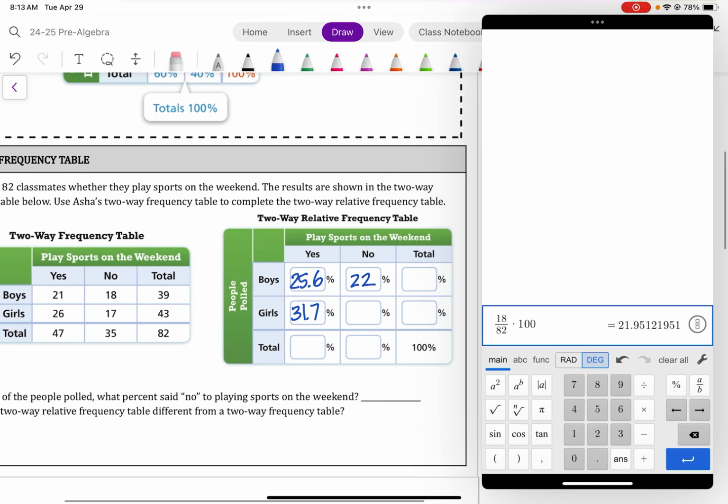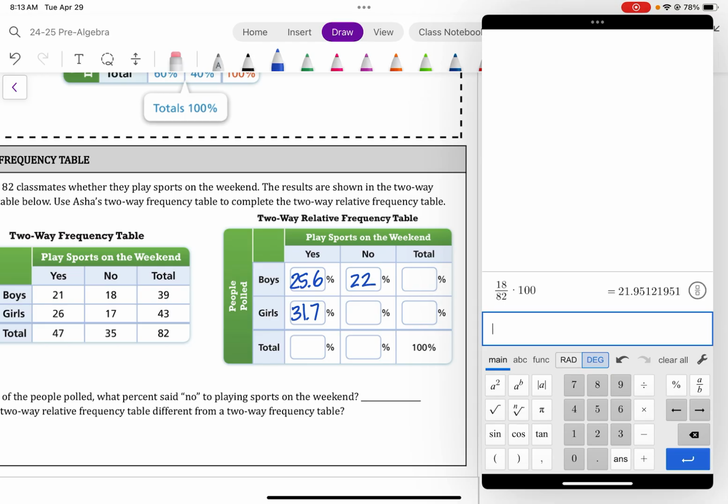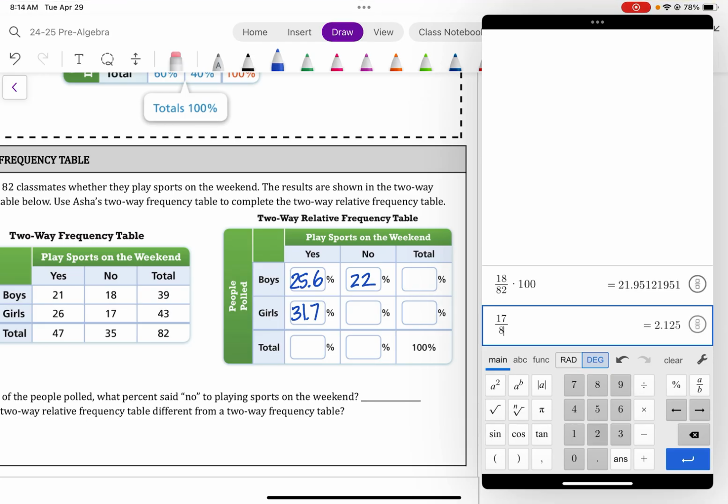And for the girls, I've got 17 out of 82. Multiply that by 100% to have 20.7%. Now I can add those columns and rows.